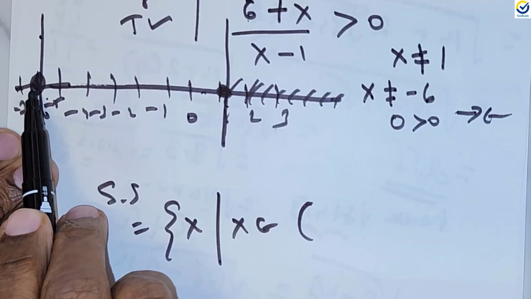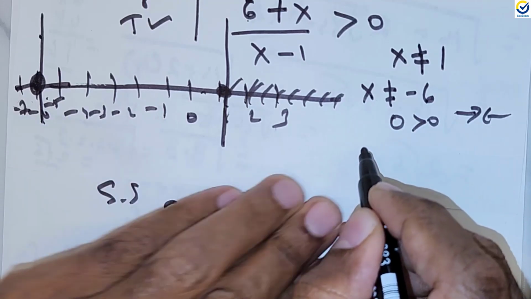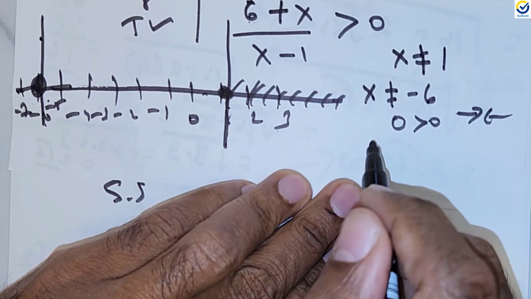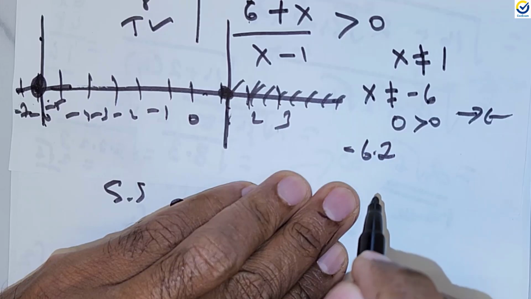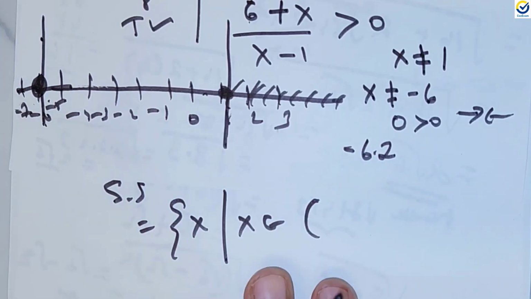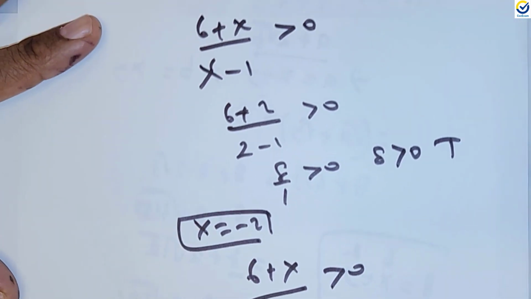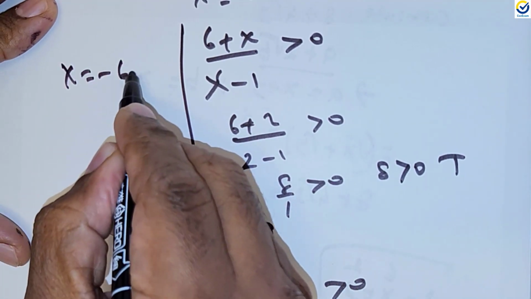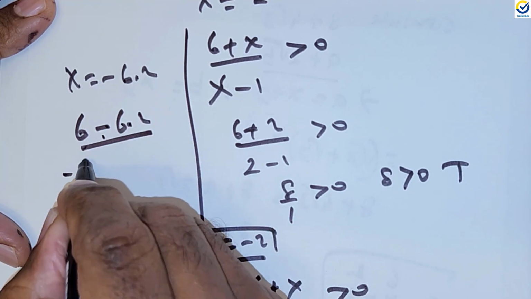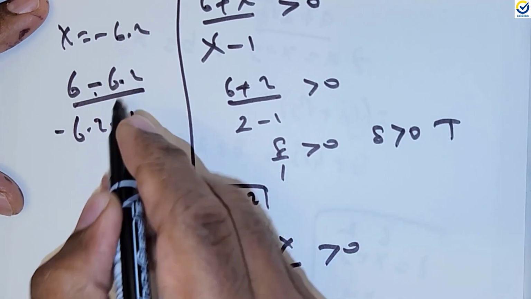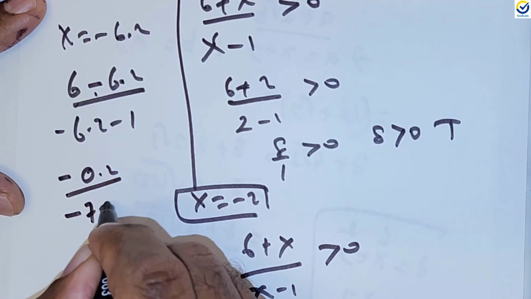But if I take, say, x equal to −6.2, which is closer to −6, let me show you the value there. (6 − 6.2)/(−6.2 − 1) gives me −0.2 over −7.2, which is greater than 0.